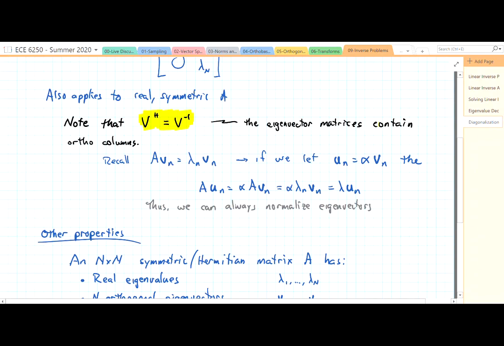So that implies that our eigenvector matrices can contain orthocolumns. Well, what about orthonormal? That's what we really like, and in fact it implies that the columns are orthonormal.